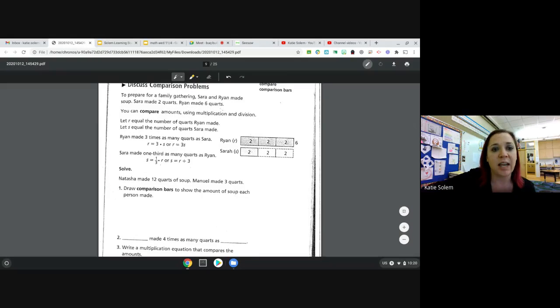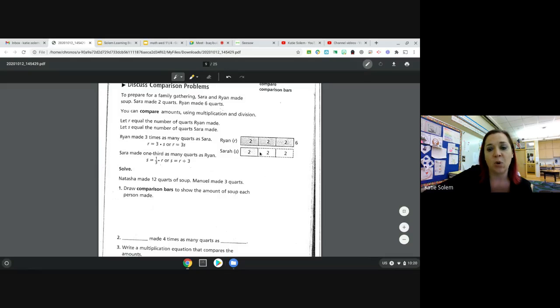The first part says, to prepare for a family gathering, Sarah and Ryan made soup. Sarah made 2 quarts, Ryan made 6 quarts. You can compare amounts using multiplication and division. So over on the side, we have the comparison bars. Ryan made 6. Sarah made 2.